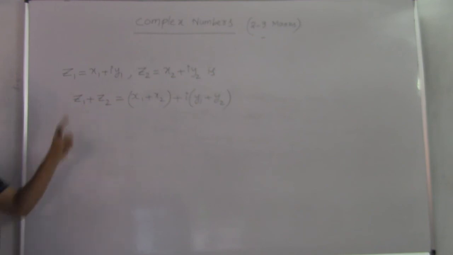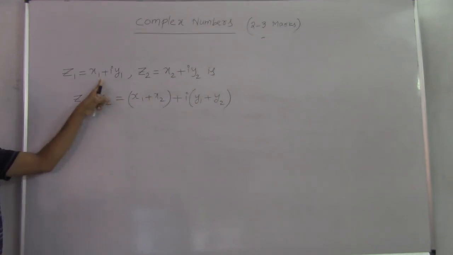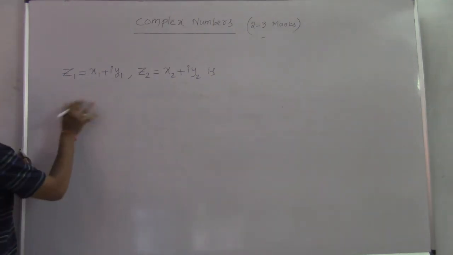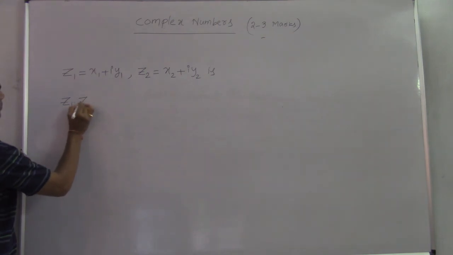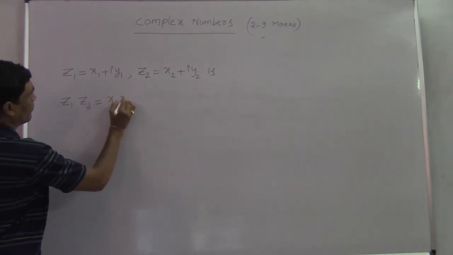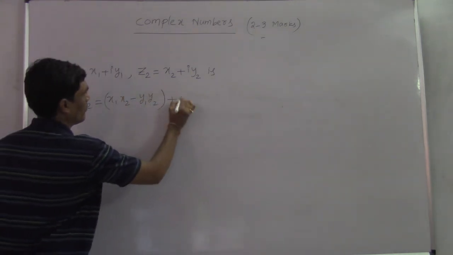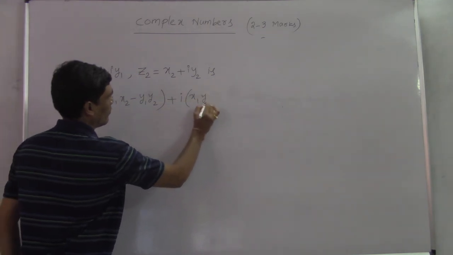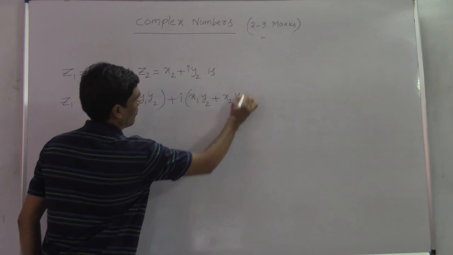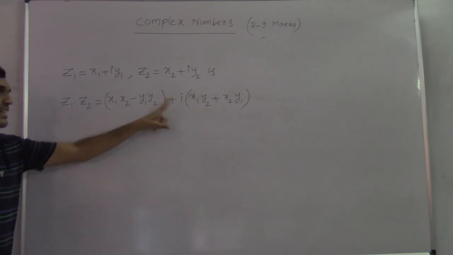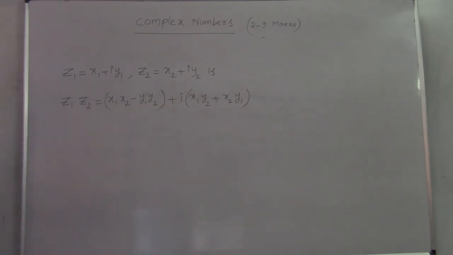Z1 is equal to x1 plus iy1, Z2 is equal to x2 plus iy2. Take down: Z1 Z2 equals x1 x2 minus y1 y2 plus i into x1 y2 plus x2 y1.